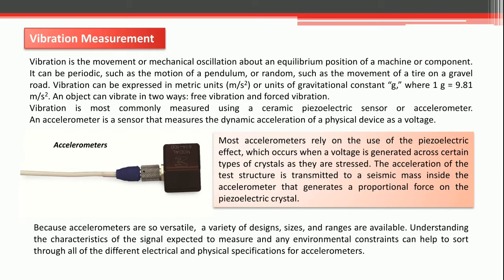Vibration may also be a single event, a transient, with the motion generally decaying or damping out before further action takes place. It may be the effect of a shock.